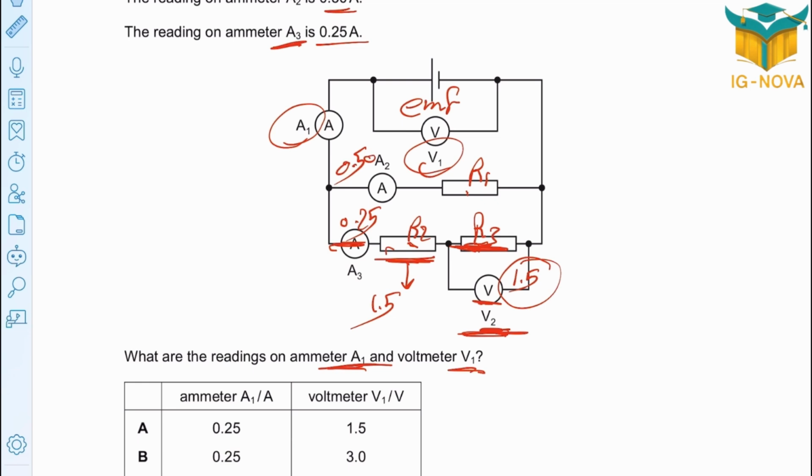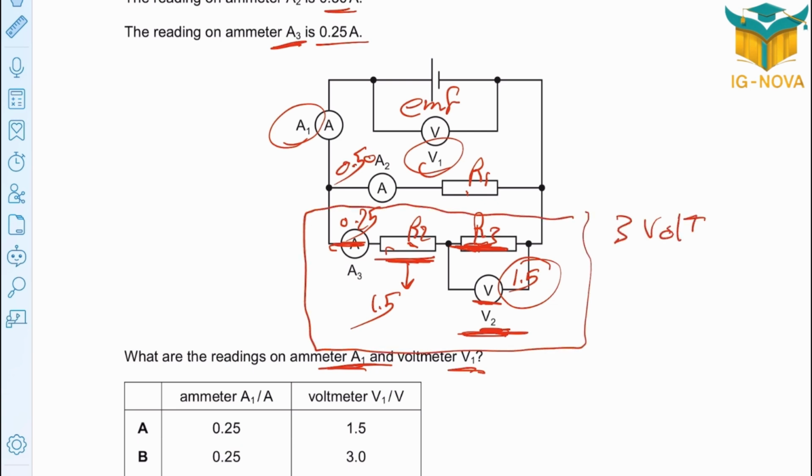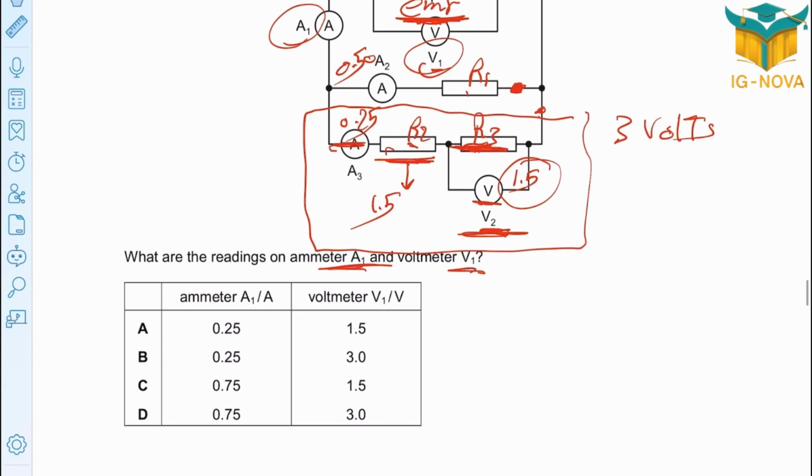For that, the lower branch voltage is 3 volts. And in parallel, each branch, this branch and this branch also, must be equal to the EMF. For that, the EMF for V1 is 3. Which one? Maybe option B or D.